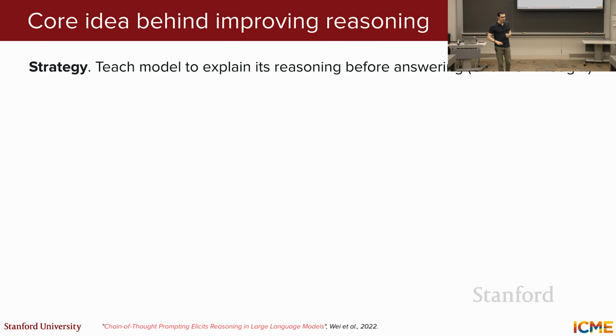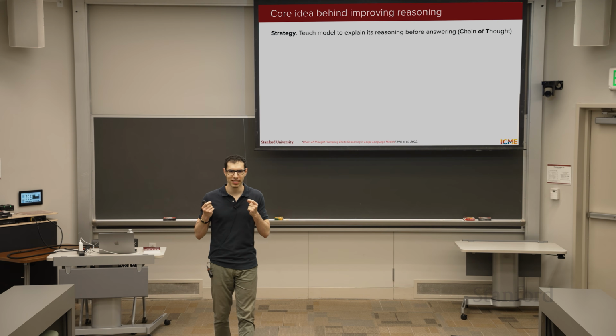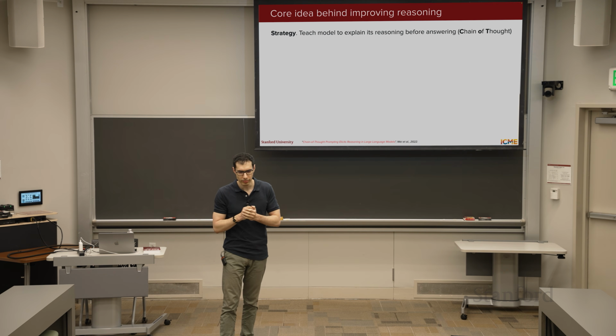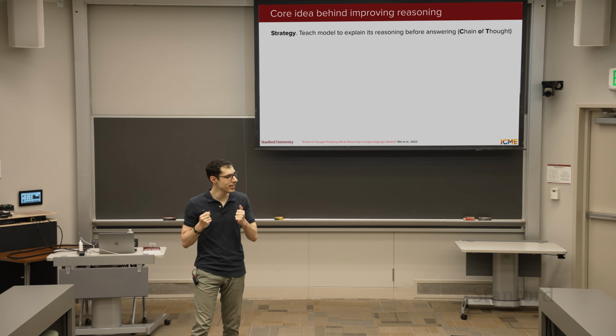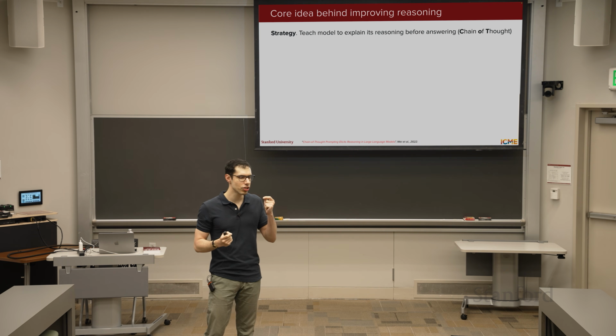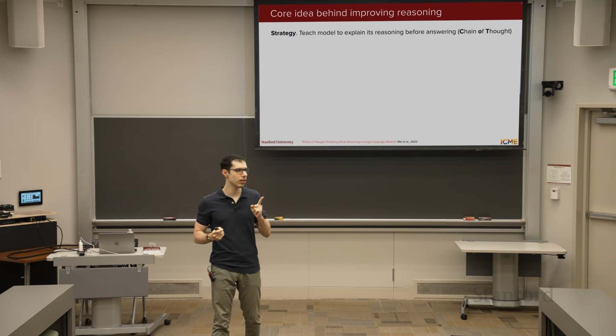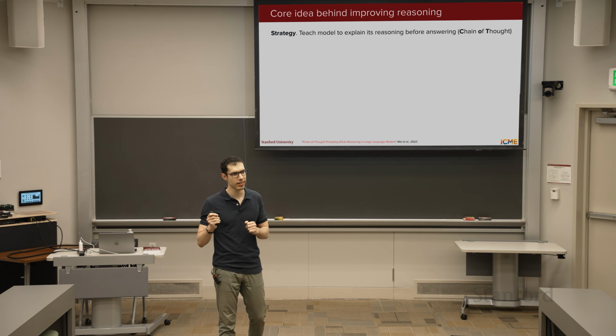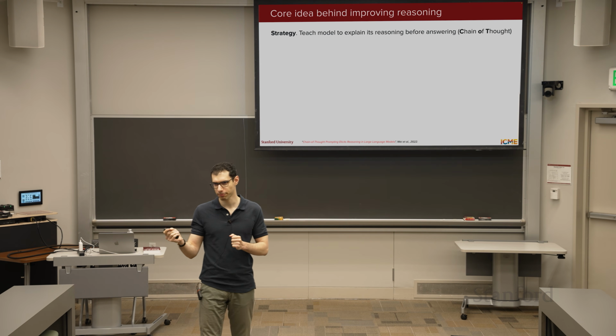Cool. OK, so now that we know a little bit what reasoning is, we're going to look at how we can obtain a model that can deal with these kinds of prompts. The core idea here is to leverage a concept we saw earlier in the class. I'm not sure if you remember, but back in lecture maybe 2 or 3, we saw a technique called chain of thought.